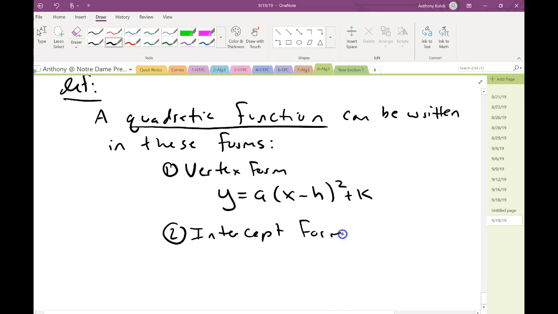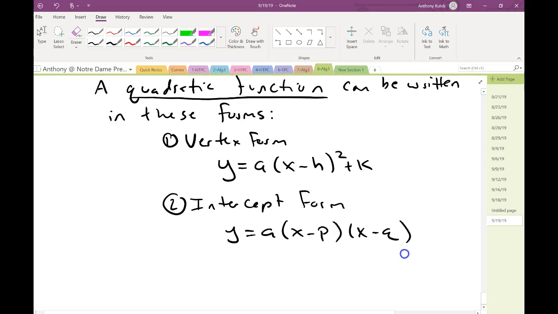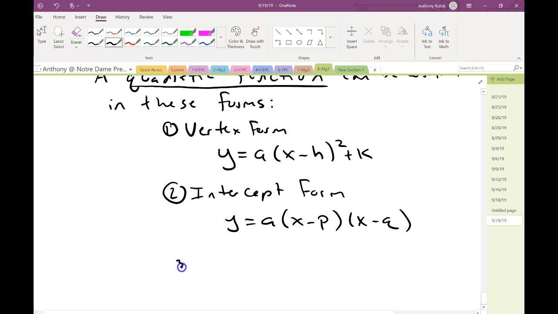Could be written in intercept form. That's y equals a times x minus p times x minus q. And the third way is in something called standard form.